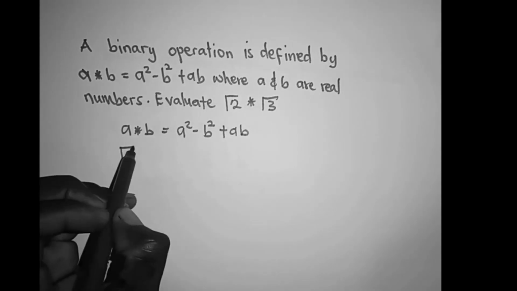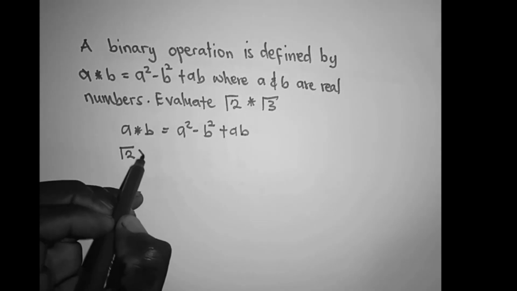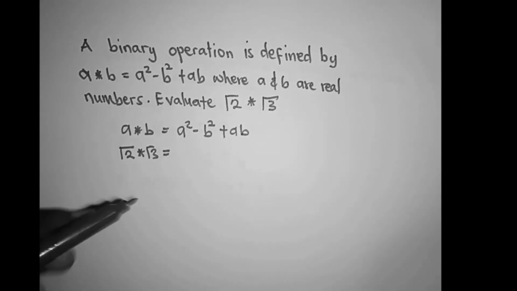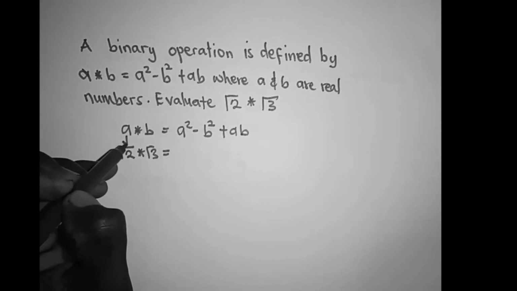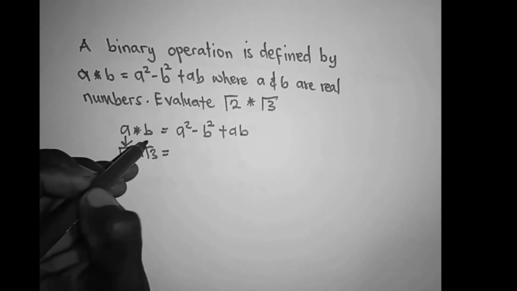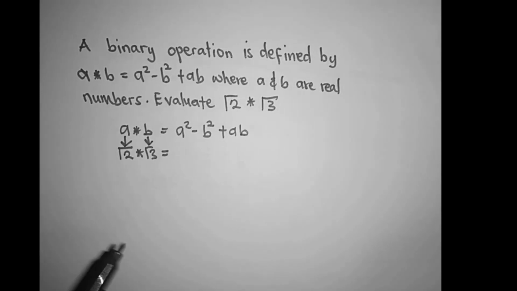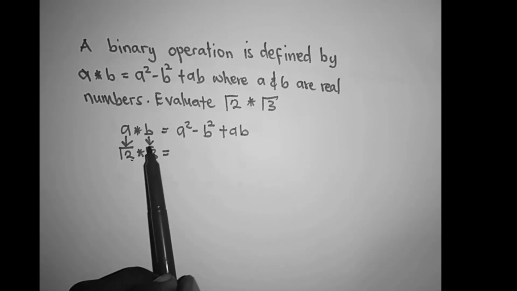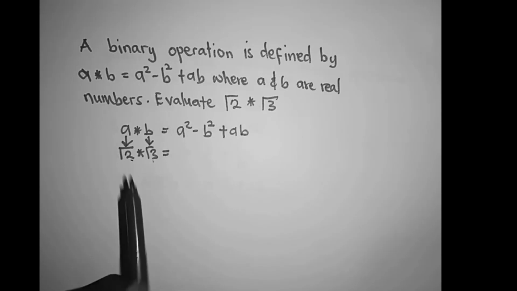Root 2 is A and root 3 is B. So wherever we see A, we'll put root 2, and wherever we see B, we'll put root 3.